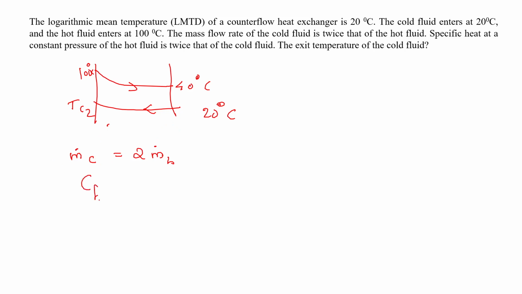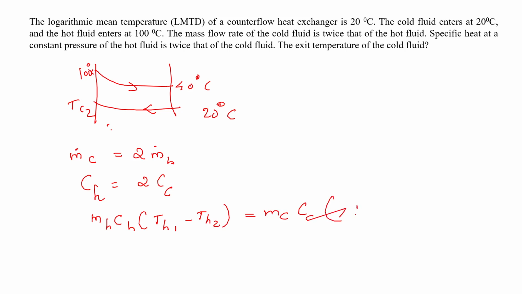And one more criterion is given: CH is equal to 2CC, according to specific heat. Now we have to do the energy balance. So we know that mH CH times (TH1 minus TH2) is equal to mC CC times (TC2 minus TC1).